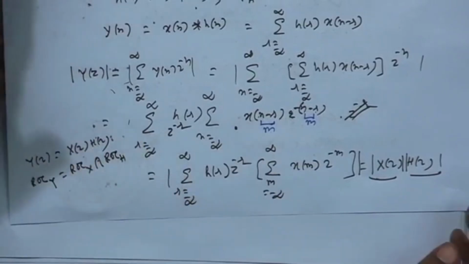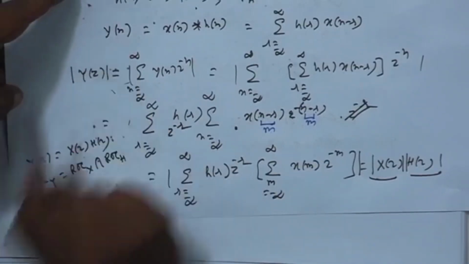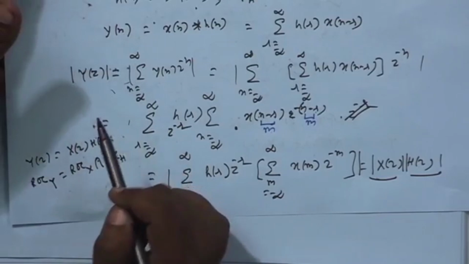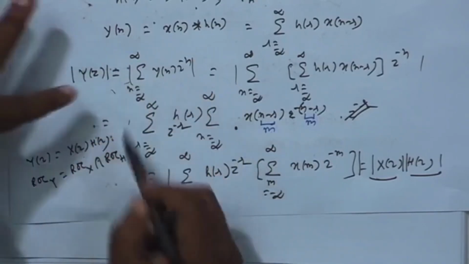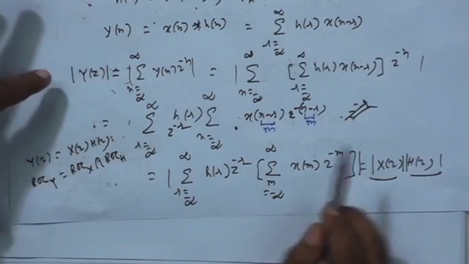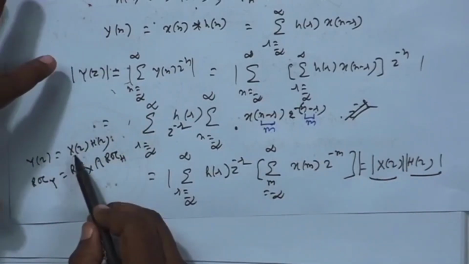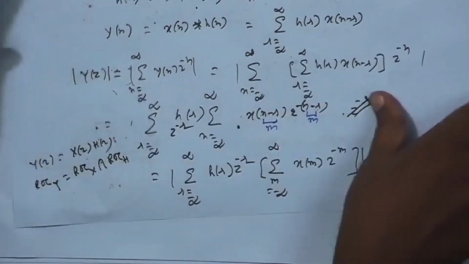But if there is no such overlap, then y n does not have a valid z transform. All right. We are assuming that such an ROC exists, that is the two ROCs overlap, and therefore Y z will be X z into H z in the intersection part of the two ROCs. All right. This is one property.